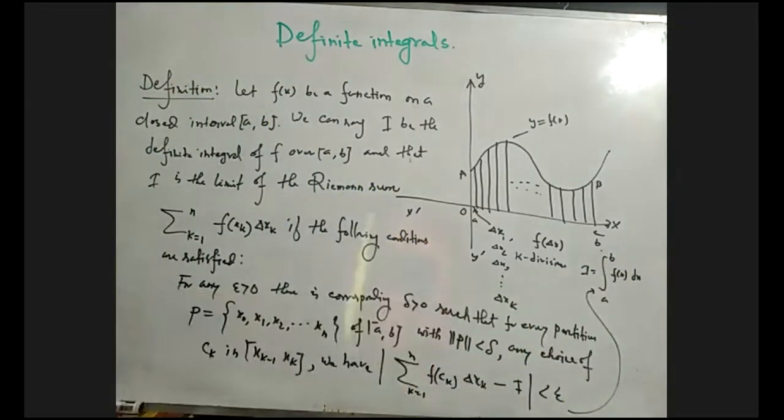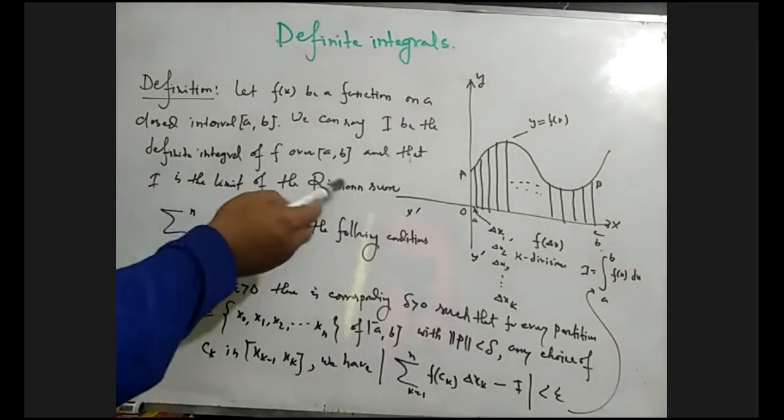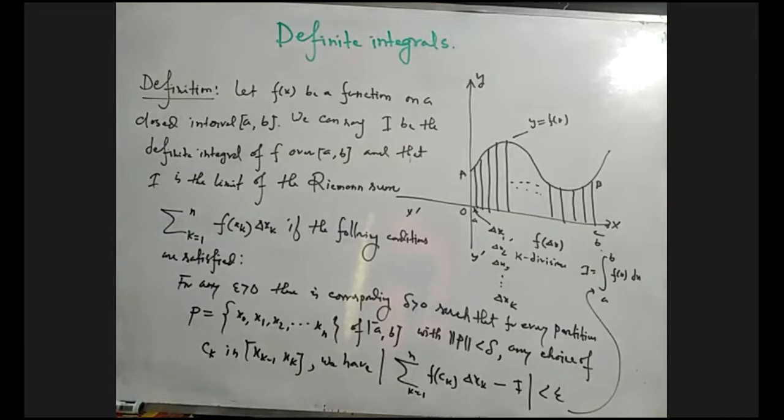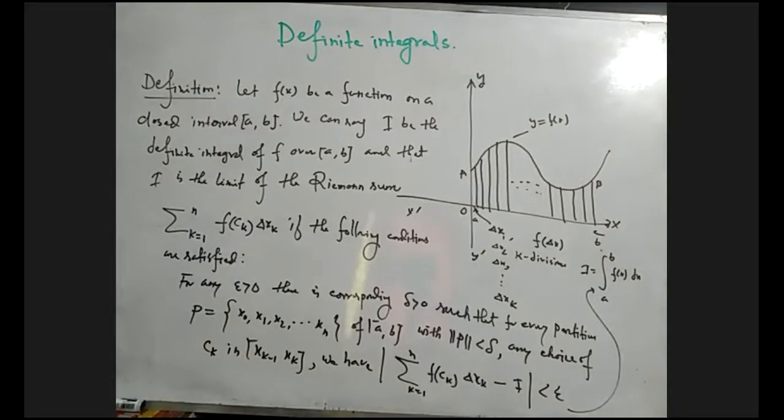I is the limit of the Riemann sum. This is the basic definition of definite integral by using the Riemann sum.